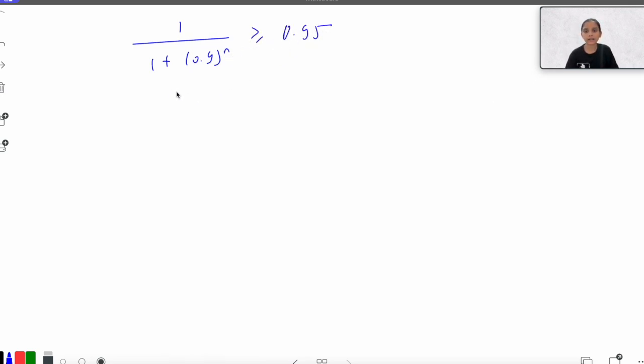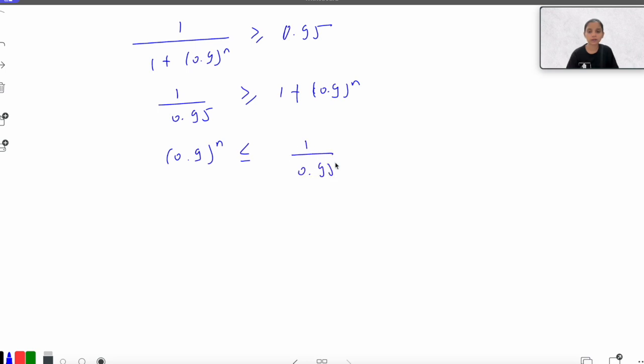That is 1 upon 0.95 greater than or equal to 1 plus 0.9 raised to the power n, and then we can do 0.9 raised to the power n. Sorry, it is 1 plus, okay, 0.9 raised to the power n is lesser than or equal to 1 upon 0.95 minus 1.